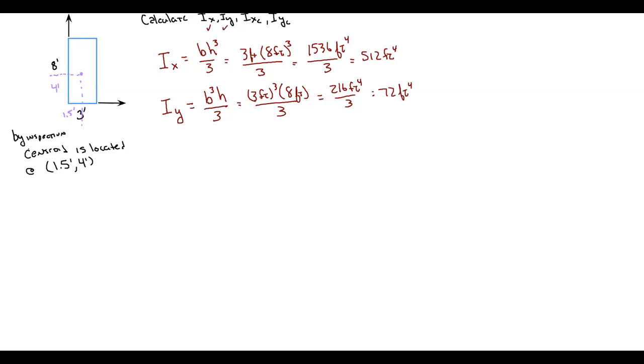Bam and bam. Okay. So the next thing we're asked to do is find the moment of inertia about the centroidal x-axis. Okay. Moment of inertia about the centroidal x-axis.